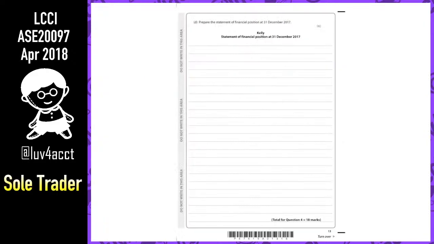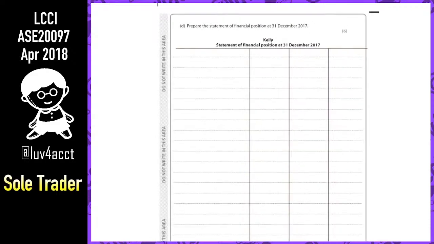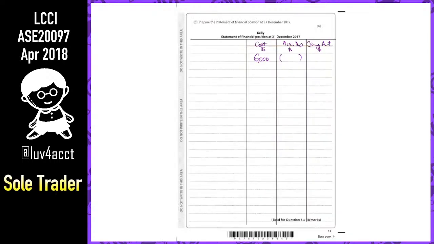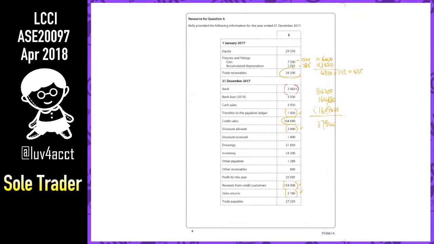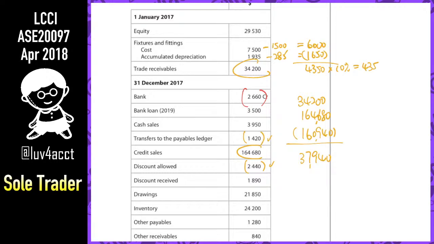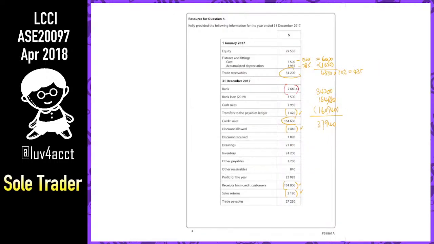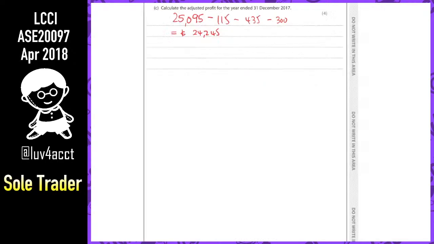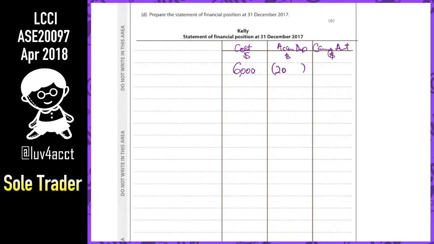Okay, so we have to prepare the statement of financial position. 6,000, and then here we have 1650 at 435, the new depreciation, that is 2085.